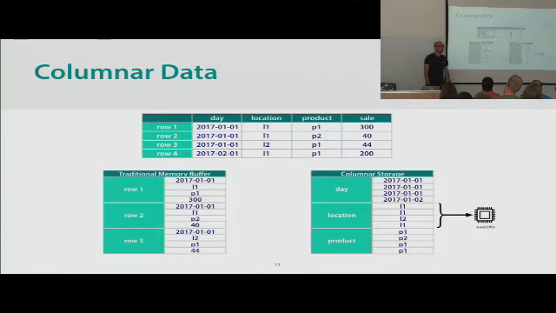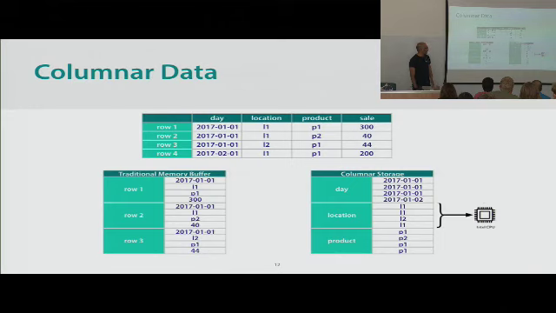So what's the benefit of storing data in a columnar fashion? If you look at a normal table with data that we usually use for predictions, so days, location, products, and the sales number. In the traditional memory buffer layout, you have it row-wise, so you have each entry for one row after another.